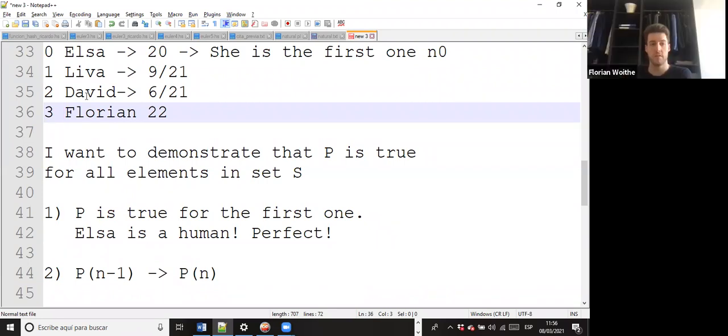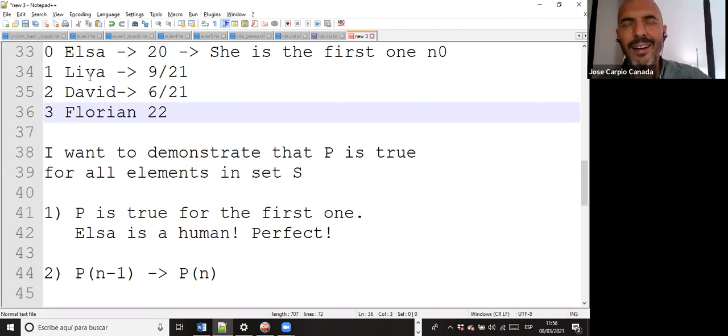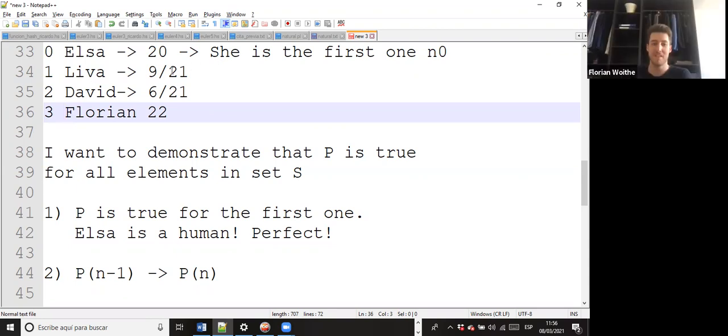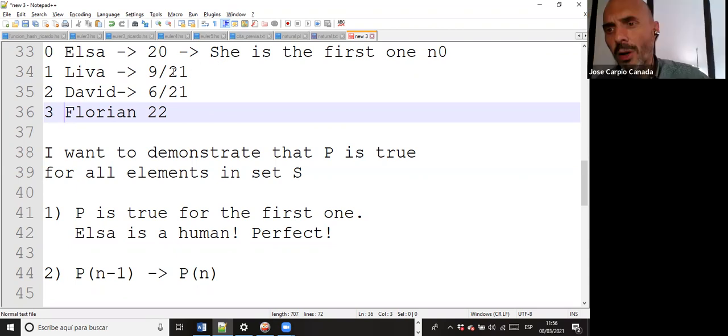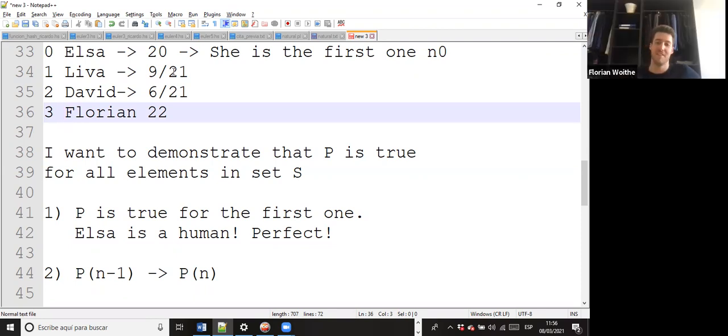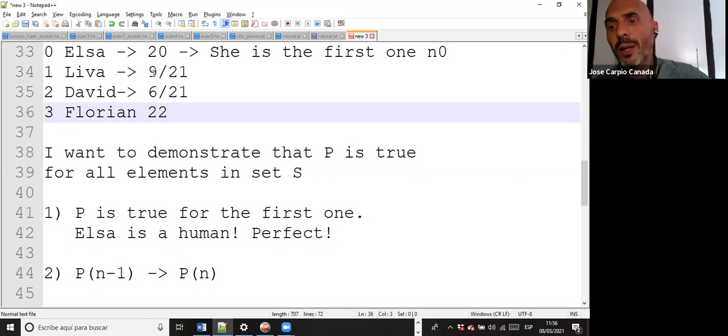I think the order is false. Leiva must be after David. She was born in September, later, so she's younger. David was born before, so he is a little bit older.